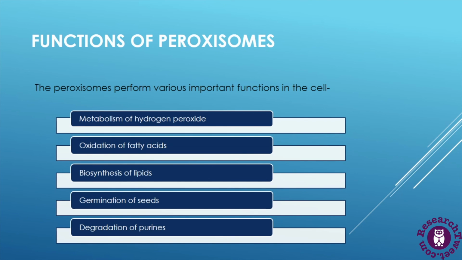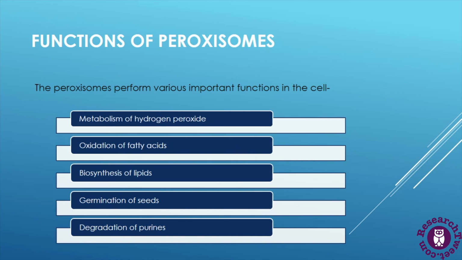Now let's understand the functions of peroxisomes. Peroxisomes perform various important functions in the cell. As we have discussed, they are very helpful in the metabolism of hydrogen peroxide, because hydrogen peroxide is a very harmful molecule for any organism. Its metabolism is very important, and it is completed by the peroxisomal catalase enzymes found in peroxisomes.